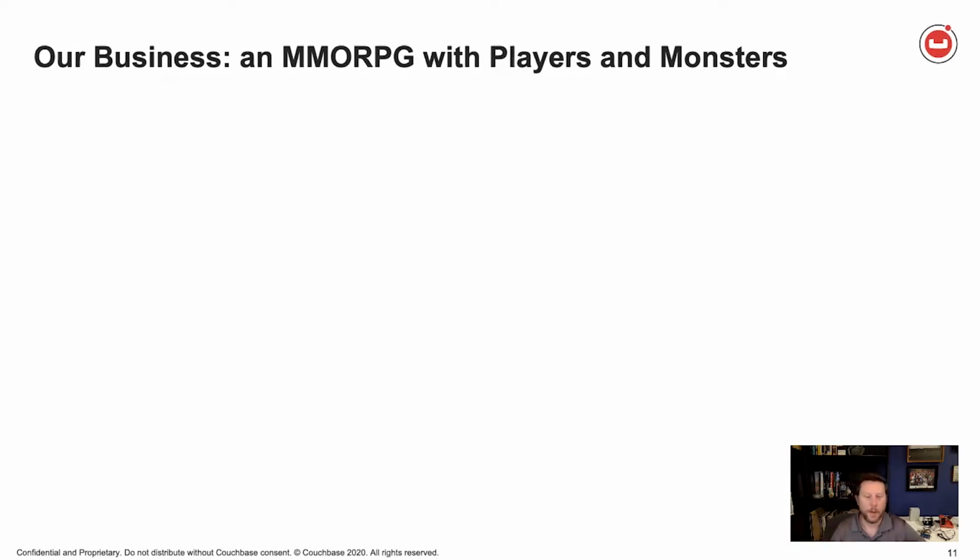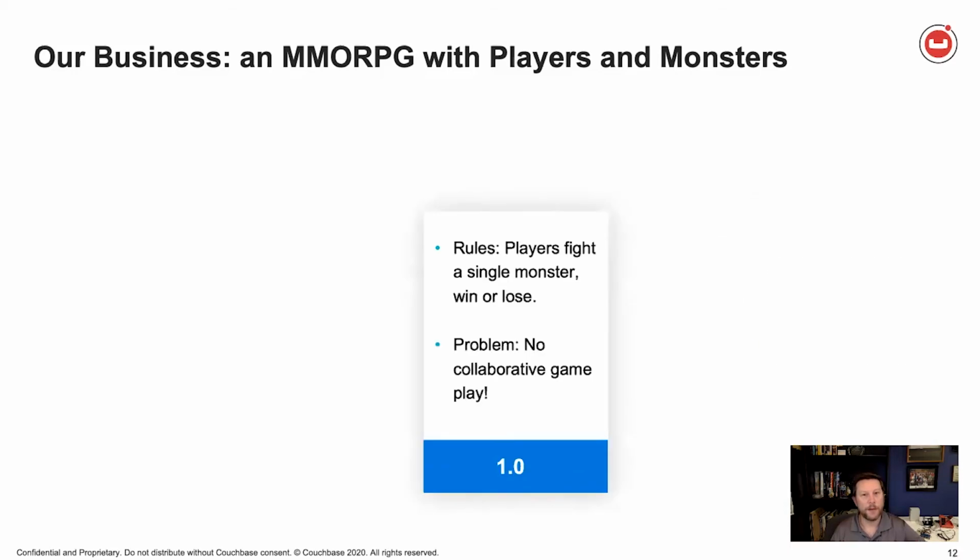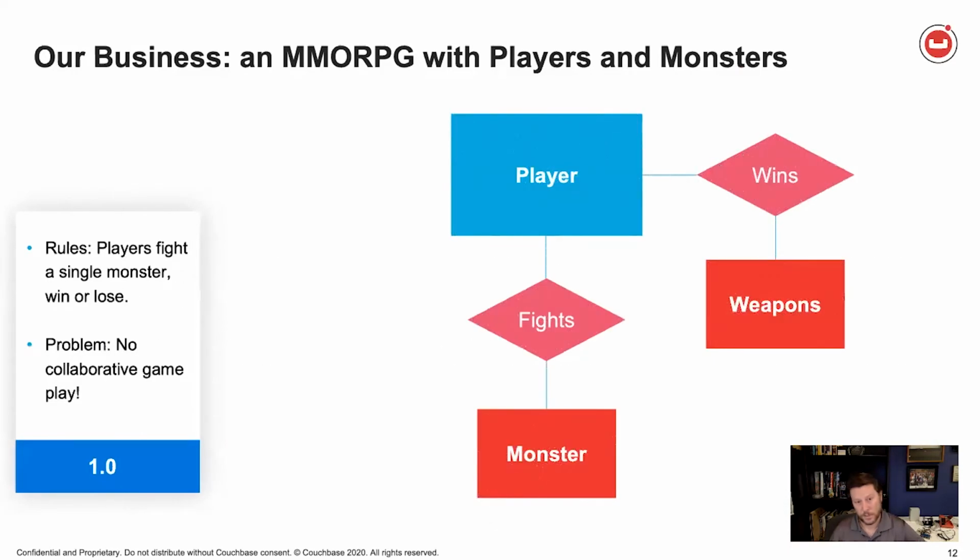So we need a data model. We are going to have players who fight monsters. And then based on that fight, if they win, they get a weapon. If they lose, they lose some hit points. So nobody can die. You can always come back to life. You can always fight another day, but your players fight monsters.